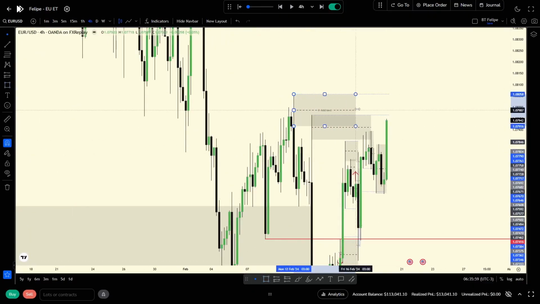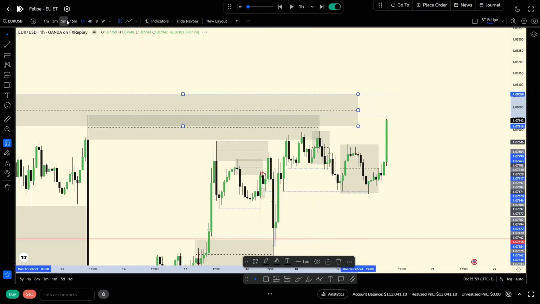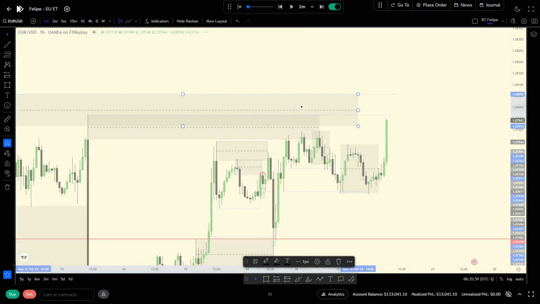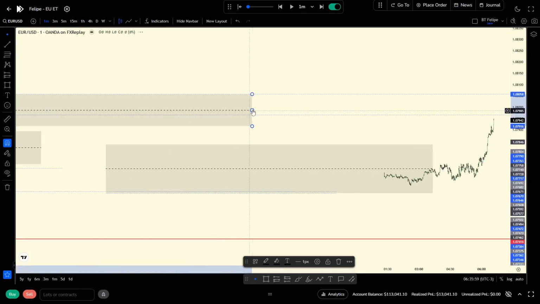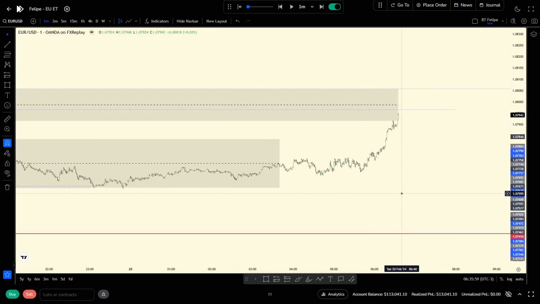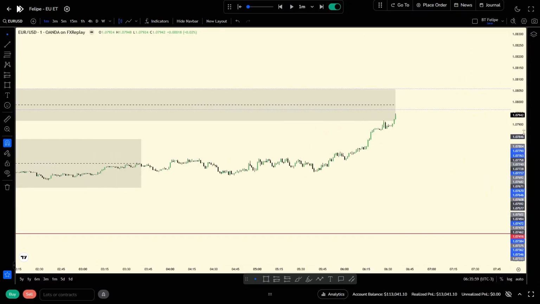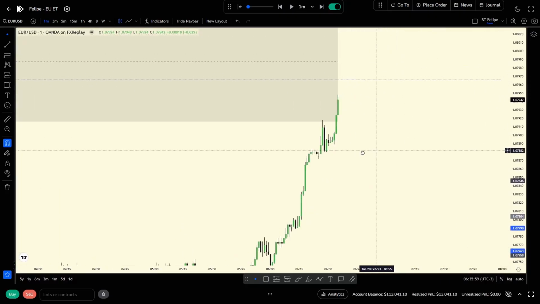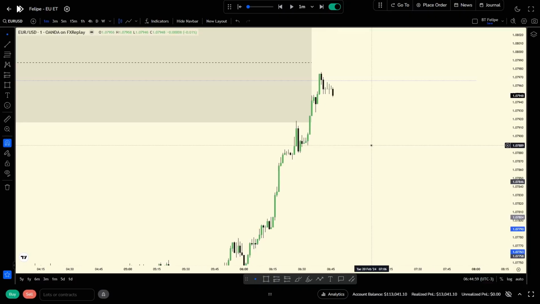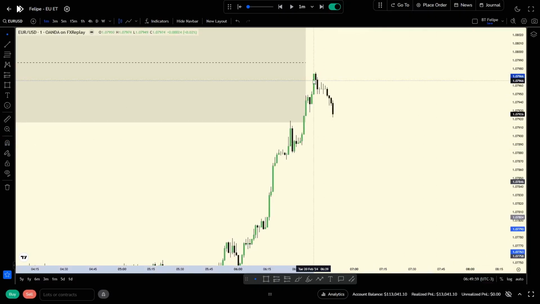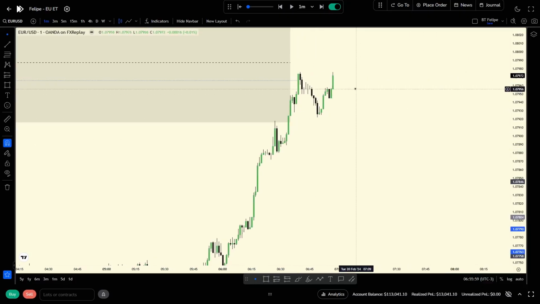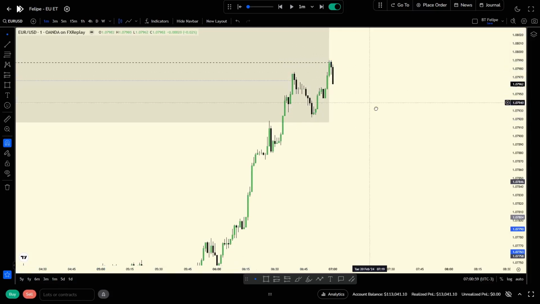There's this wick on H4. The 50% is still open. Took the liquidity. Tap the 50.